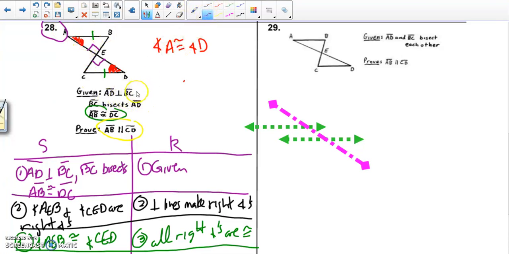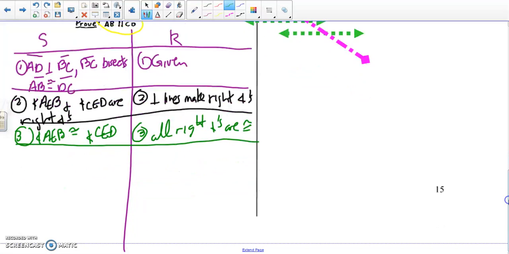Now our other given, we used that one, our other given's right here. BC bisects AD. So BC bisects AD. That means AD is the one being cut in half. So that tells us, since AD is being bisected, it tells us that AE and DE are congruent. And that's the next thing we can write. So we all know what a segment bisector does.